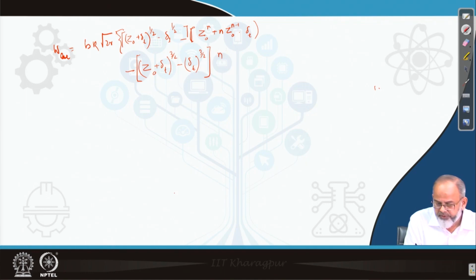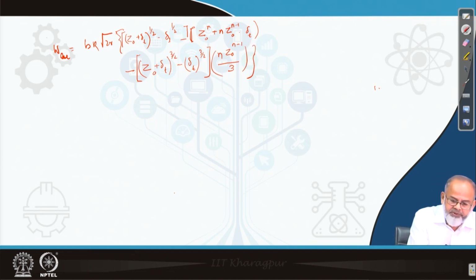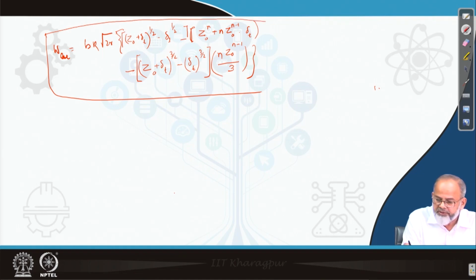So this is to be multiplied with z0 to the power n minus 1 by 3. So this will be the final expression for the load which is carried by the curved portion.